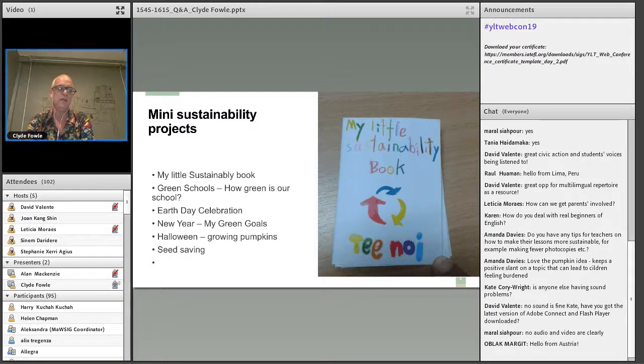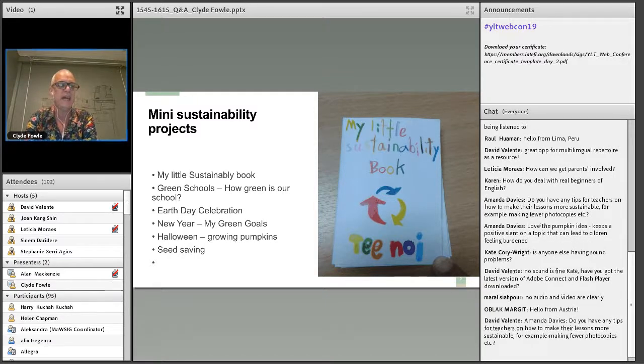On the first day, none of my students knew what sustainability means. It's a difficult, long word for them. So I made simple word searches for my students that included basic words related to green issues and sustainability.